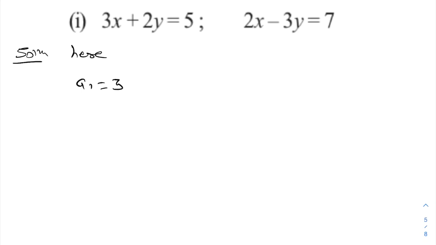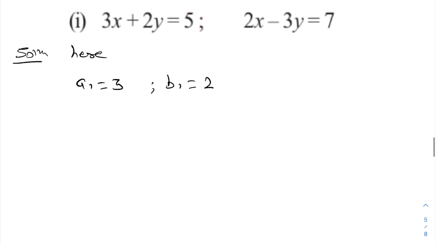Here a1 equals 3, that is the coefficient of x, b1 equals 2. Now remember that in this equation the constant term is present on the other side. If in the first equation it is present on the other side, here also it should be on the other side, otherwise you have to bring it to the same side. Since both of them are on the other side, we can keep this as it is.